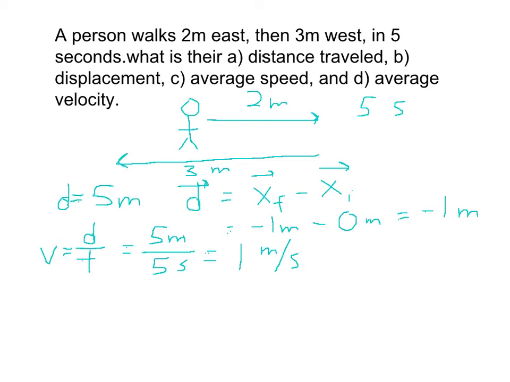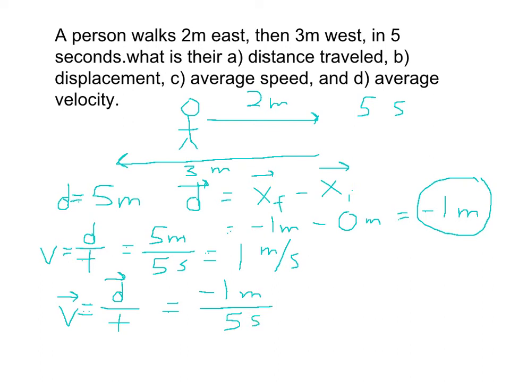Okay, so D, average velocity. Well, velocity, we said, is displacement over time. Well, what is their displacement? It's up here. We said their displacement was negative 1 meter over time, and the time is still 5 seconds. So negative 1 divided by 5 is negative 0.2 meters per second.